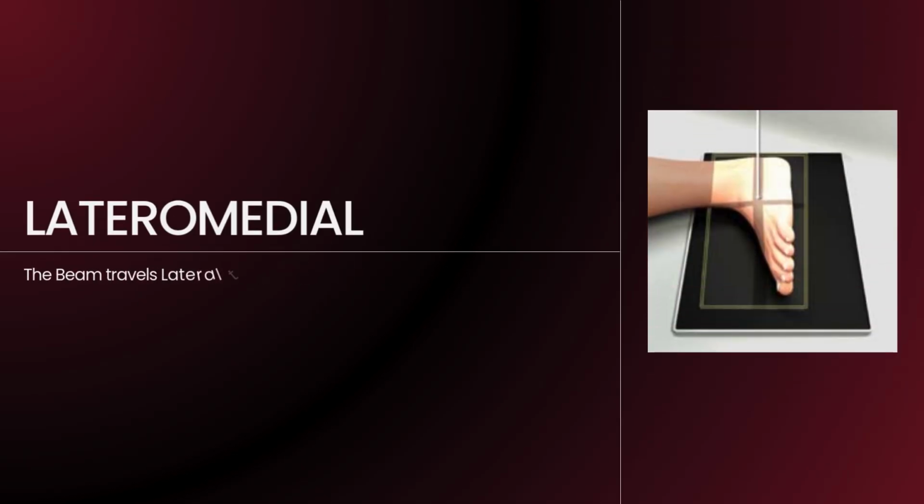Next, we have what you call your lateral medial. From our medial lateral, which we already discussed, what do you think that will mean? It means the beam is passing through the lateral part of the body and is coming out of the medial part of the body. And like I already explained, you can use the previous one when I was talking about anterior posterior and posterior anterior. What's the part that is closest to the cassette, where the beam will come out from and be inserted on the cassette? That's the medial part.